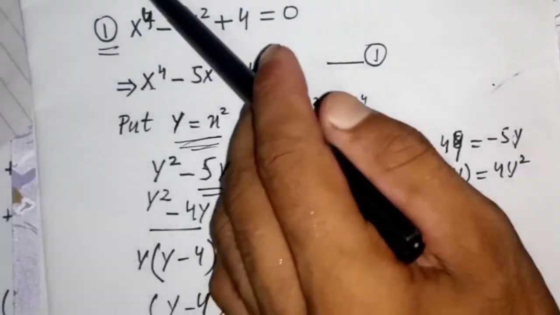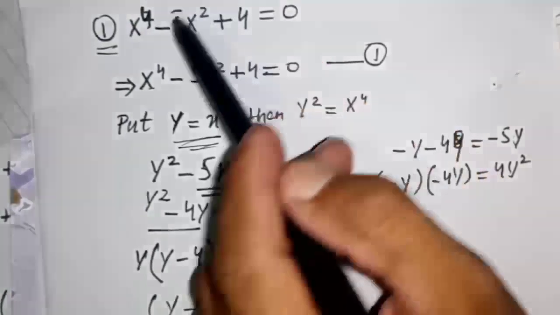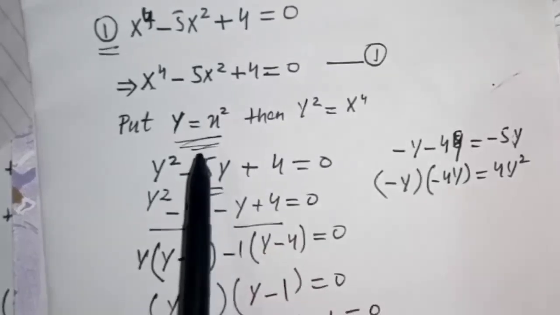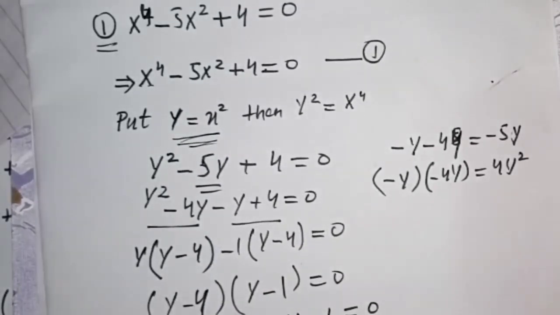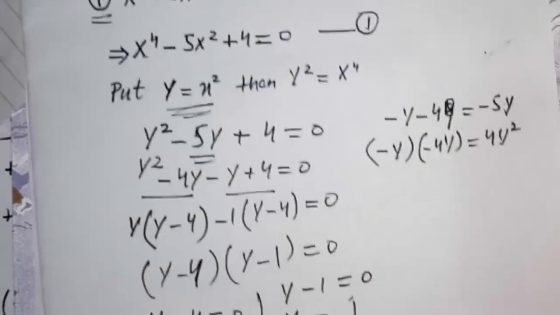Then we got a quadratic equation in y, solved it for y, and resubstituted y = x^2 to get the original solutions for x. This is the required solution for this question.